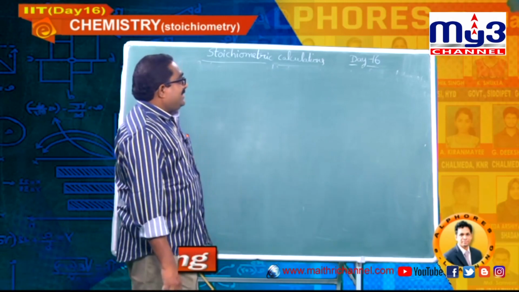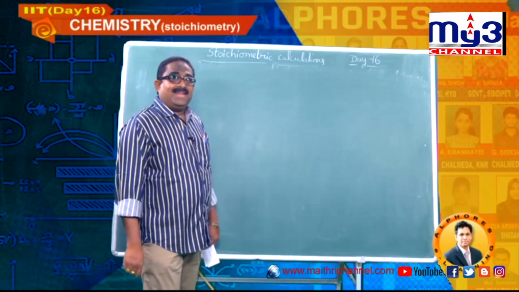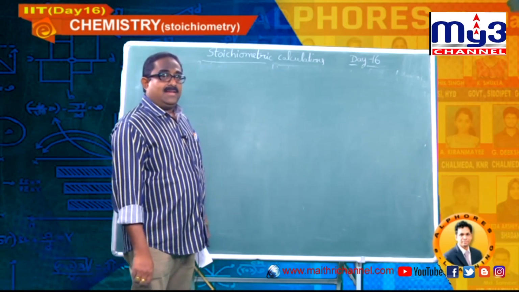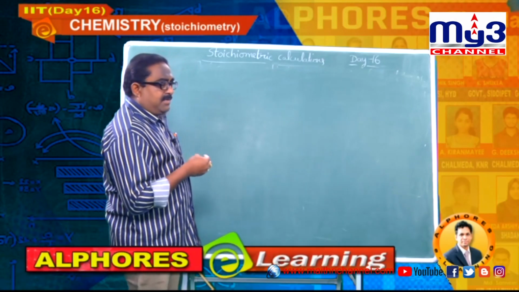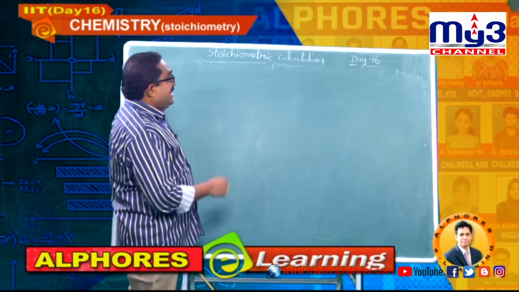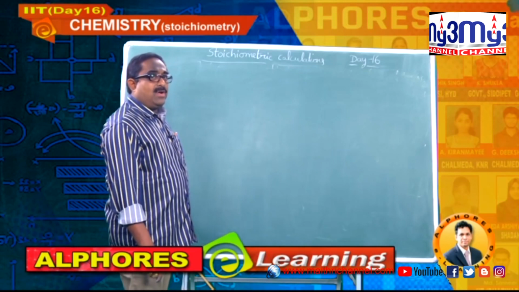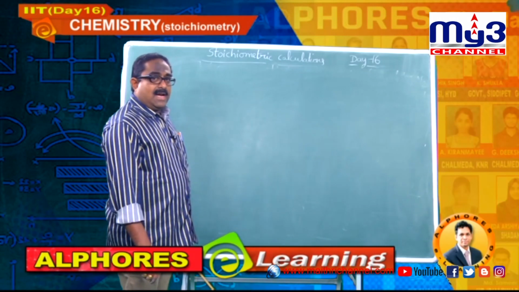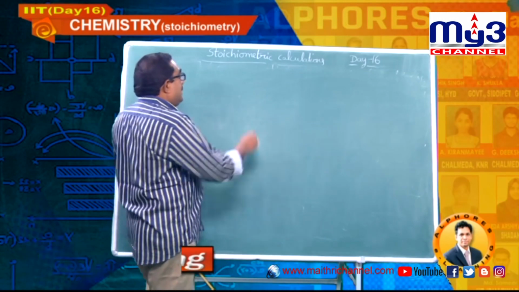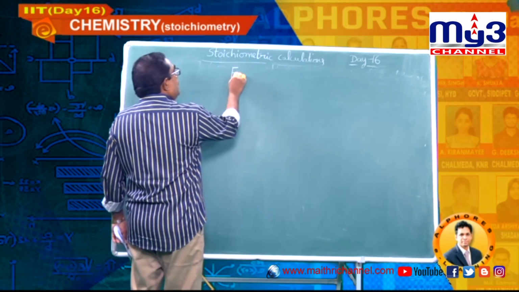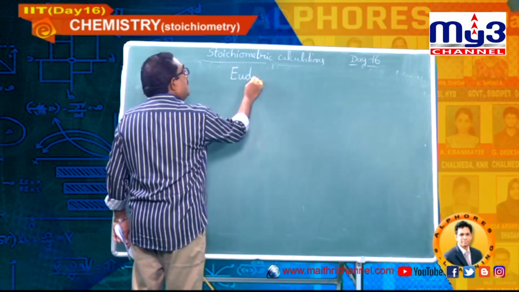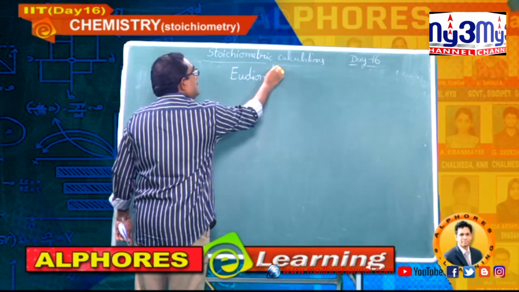Okay students, up to now we have discussed many types of approaches under the heading stoichiometric calculations. With this I am going to finish off this and enter into iodometry, which is also a part of stoichiometric calculations.